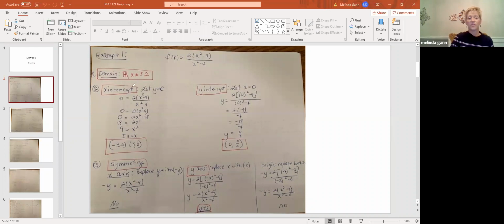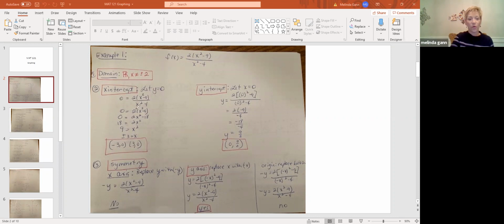Then remember, you have to find the intercepts, the x-intercepts and the y-intercepts. So to find the x-intercept, you let y be 0. So I went up here and just put a 0 in for that y, and I've got a fraction equal to 0. Now, when is a fraction equal to 0? When the numerator equals 0 and the denominator does not equal 0.